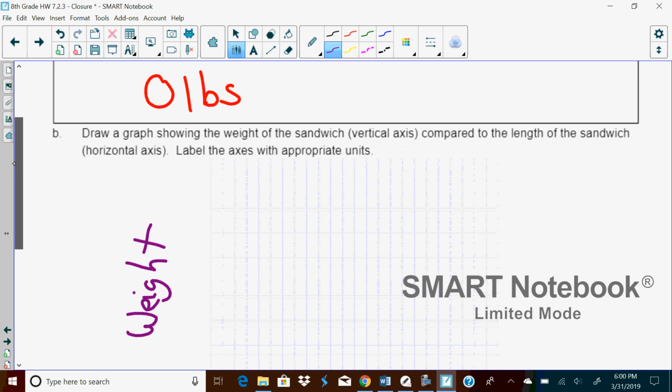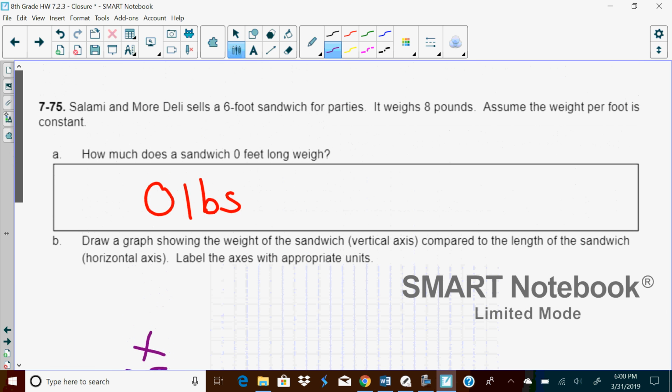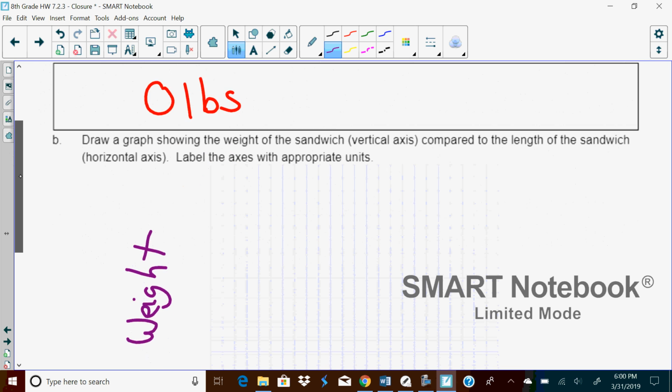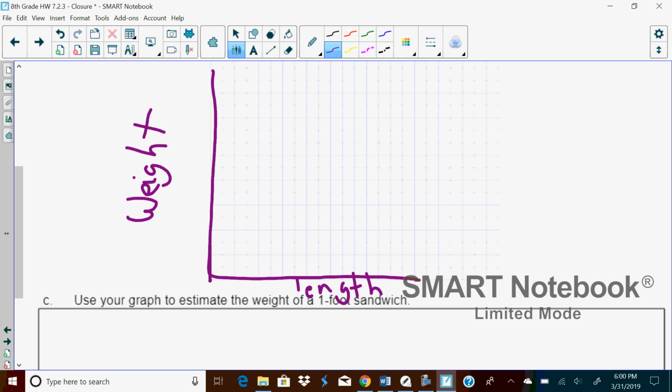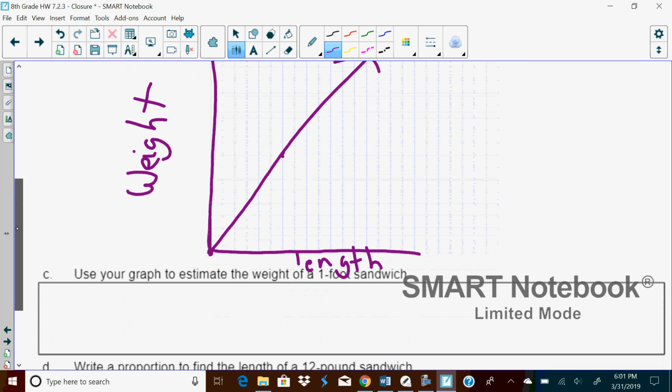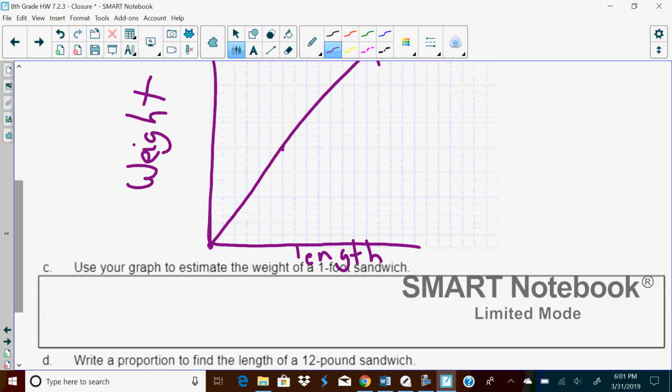So it tells me that I know that a 6-foot weighs 8 pounds and 0, 0. So 0, 0, 1, 2, 3, 4, 5, 6, and 1, 2, 5, 6, 7, 8. I can just draw my graph up. Use your graph to estimate the weight of a 1 foot. So 1 foot is about 1.5 pounds.